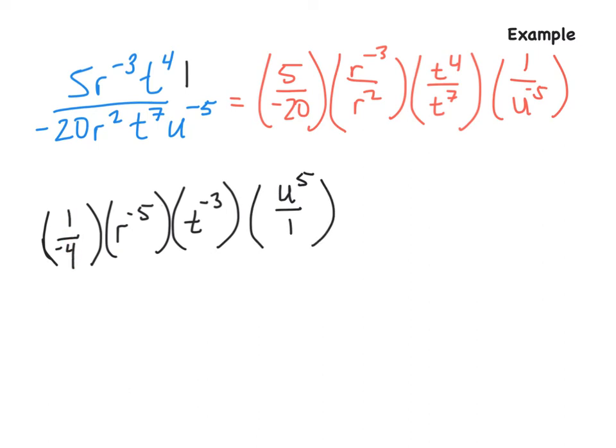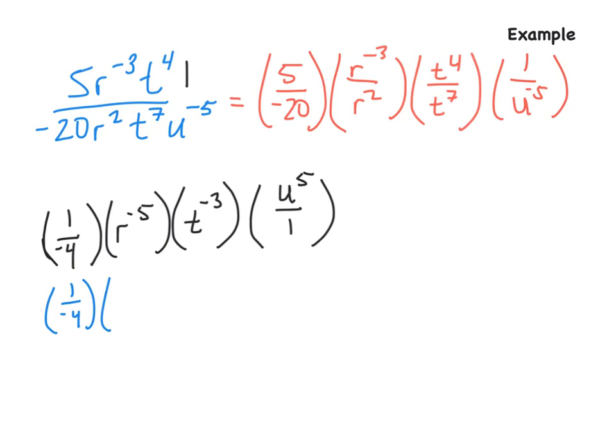These have no exponents in here, so we don't have to worry about it. This exponent is positive, so we don't have to worry about it. Now we just have to worry about these exponents. So how would we write these as fractions? Going back through, we have negative 1/4.